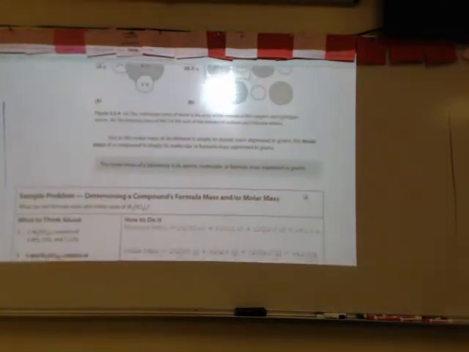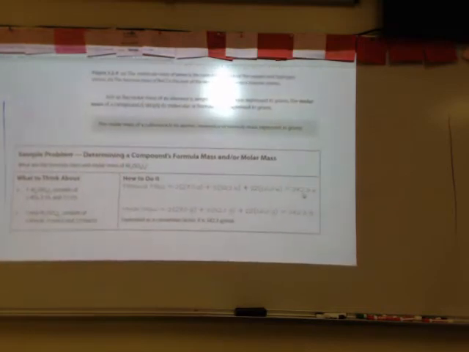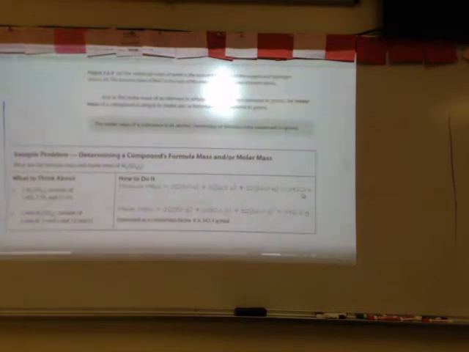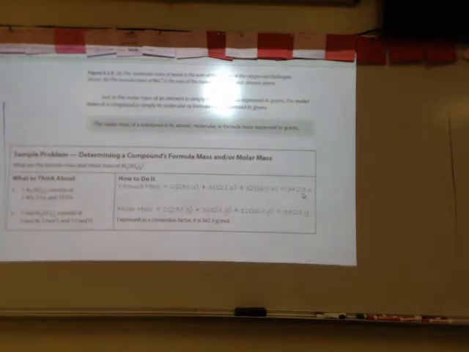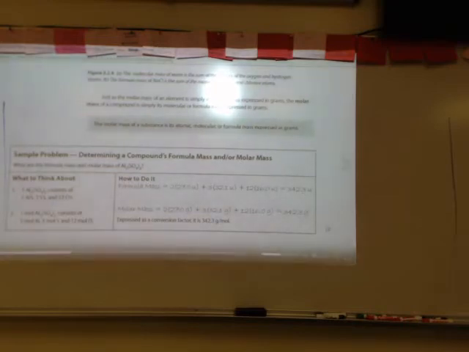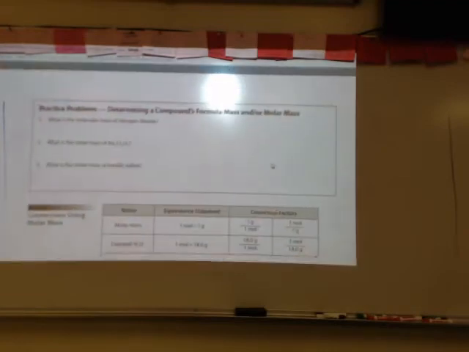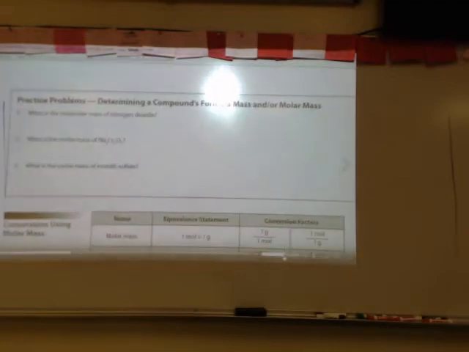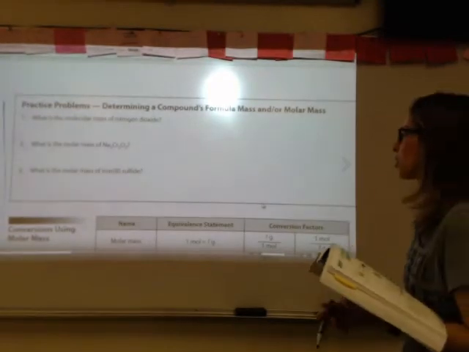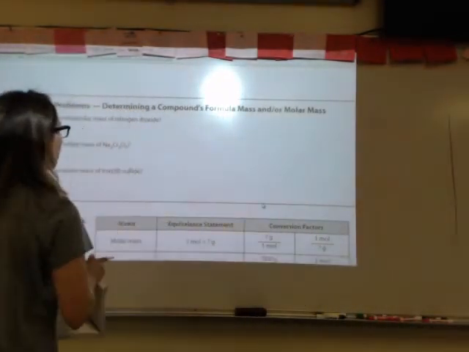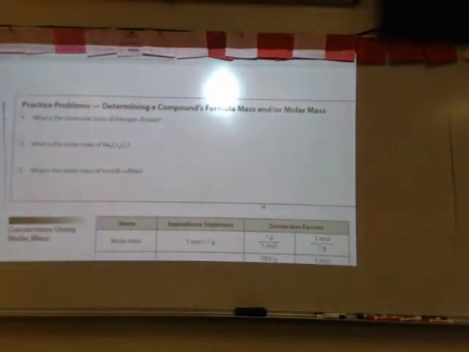So the molar mass is simply the atomic mass expressed in grams, and the molar mass of a compound is its molecular or formula mass expressed in grams. They're all the same thing. And if you take a look at the next page, at these practice problems, we're going to be calculating the formula mass, also known as the molar mass, of different compounds.